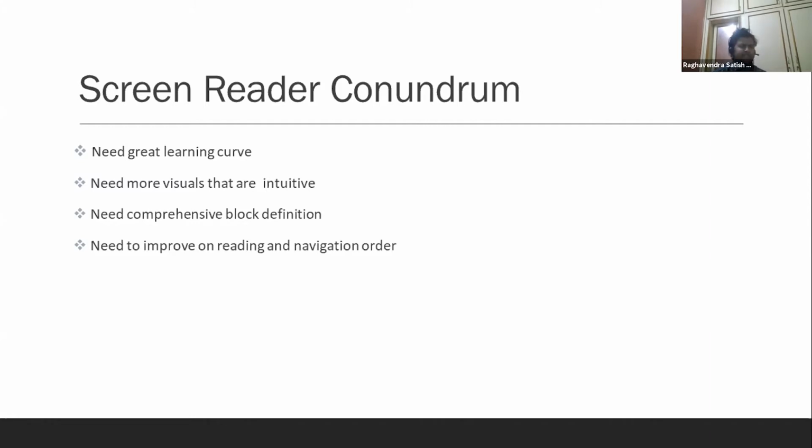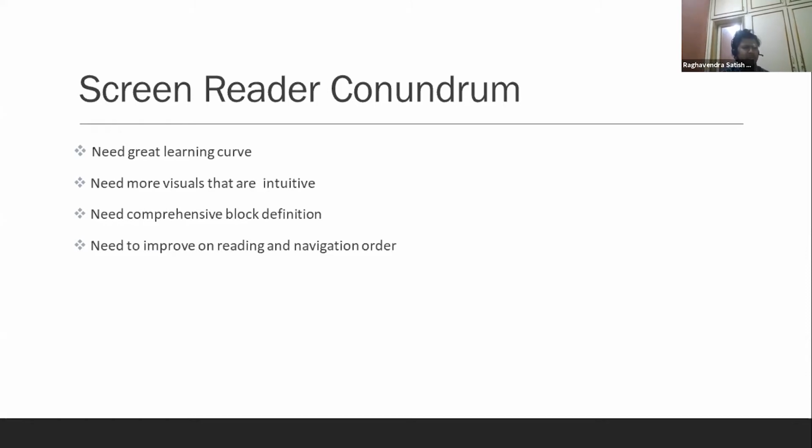One of the challenges that we also faced is with regard to the block definitions. If you go onto the Gutenberg search area and go category by category, there are some blocks, like the markdown block, or some of the quote or separator blocks, that we do not understand what exactly that block does.